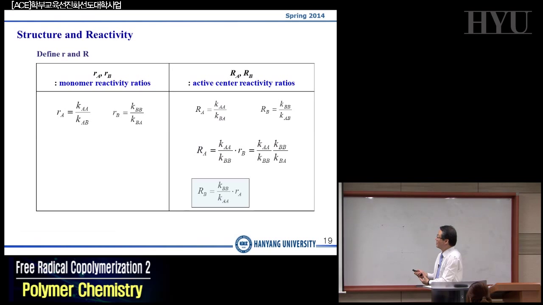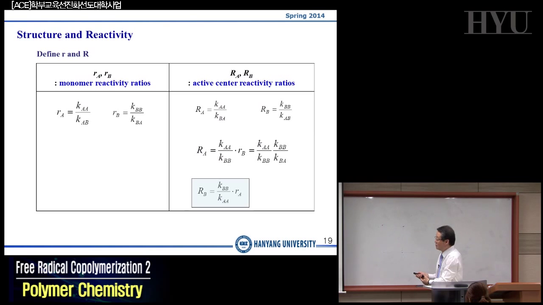What about the active center reactivity ratio, or radical reactivity ratio? Large R_A is K11 divided by, not K12, but K21. Okay? So the denominator is just exchanged in this case. The numerator is about the same, but the denominator is just exchanged, with the small r and the large R. Therefore, if you know the large R_A, it could be KAA divided by KBA, right?